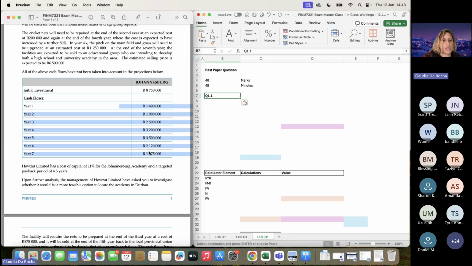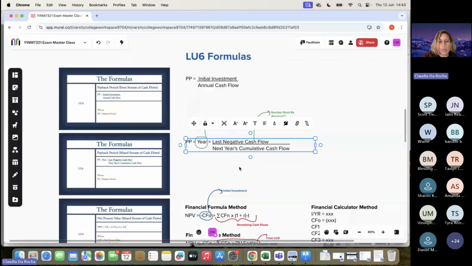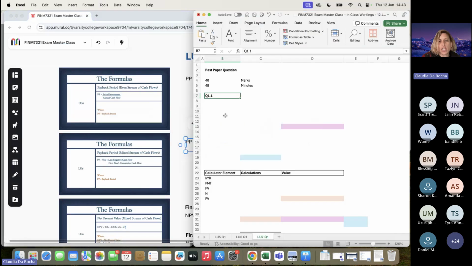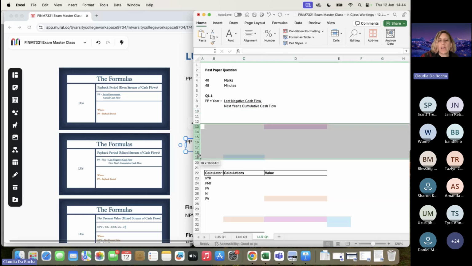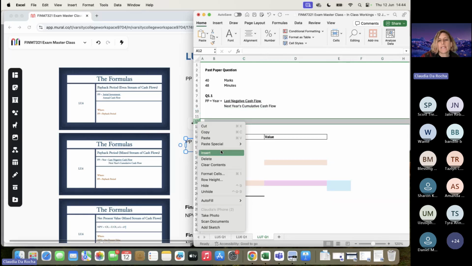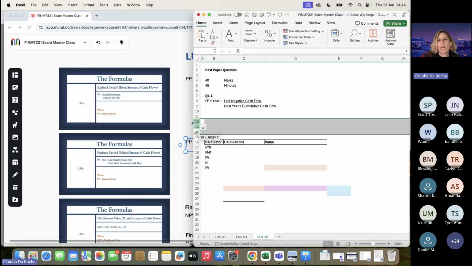So how do we do that? To remind you, the formula we're using is this one: payback period equals year plus negative cash flow, etc. In order for us to apply this formula, we have to create a table where we calculate our cumulative cash flows.